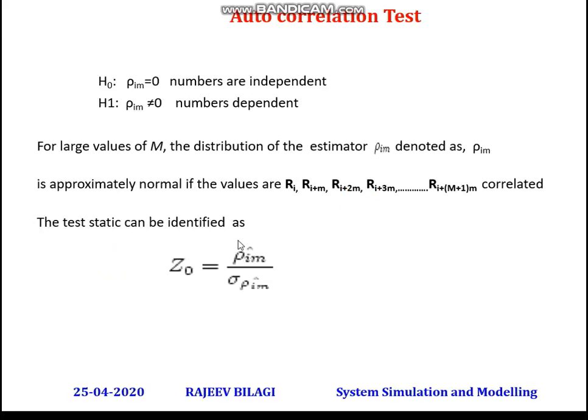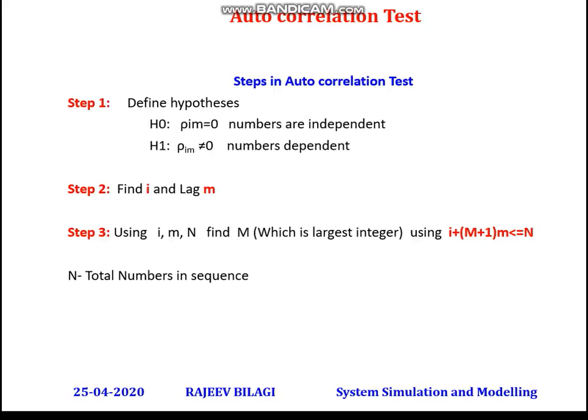Now there are a few steps in order to find out how these numbers are related. The test statistic we are going to find is Z naught equal to rho of im cap divided by sigma of im cap. We will see how we are going to find this.